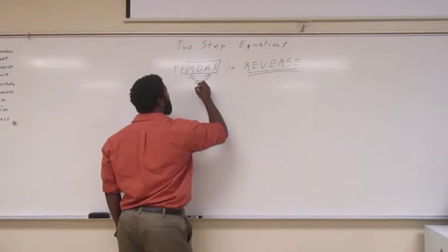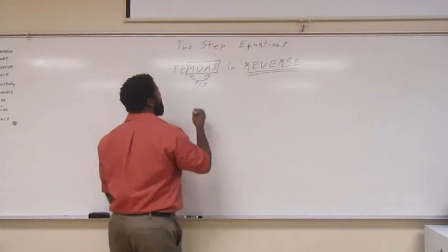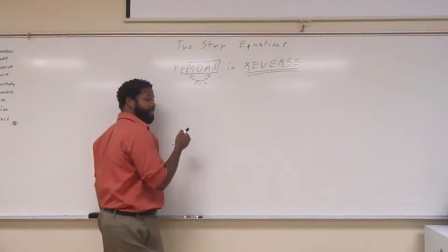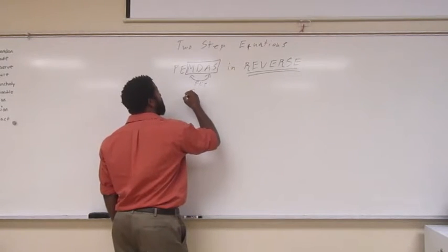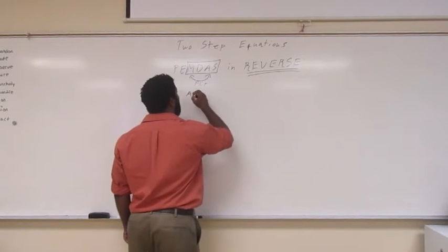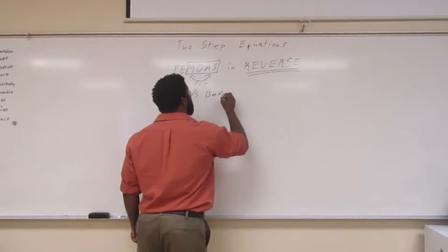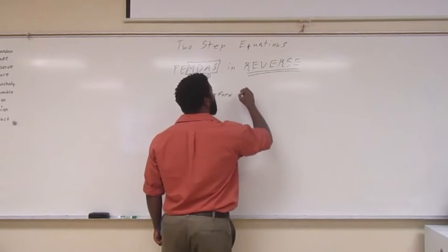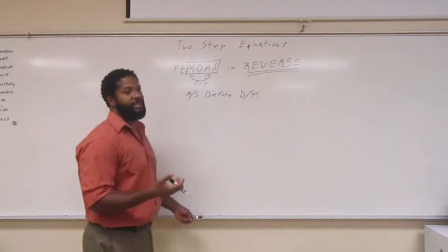Flip. Okay? What does this mean? Well, you take care of the parentheses and the exponents, yes, but you have to do addition and subtraction before division and multiplication. Okay? Or multiplication and division.